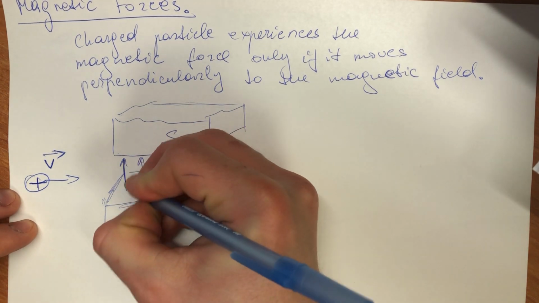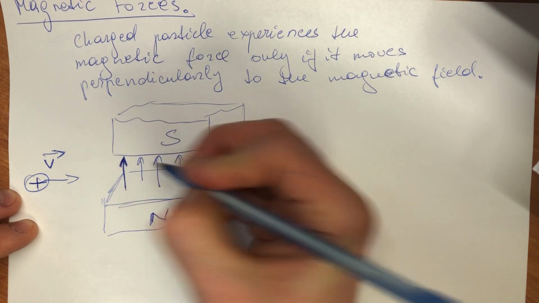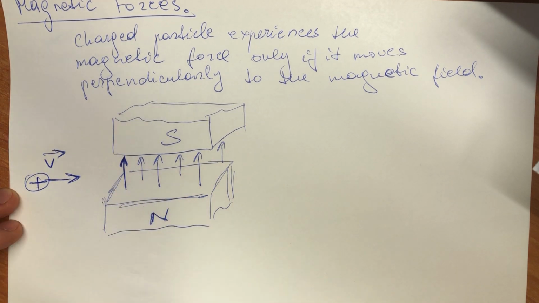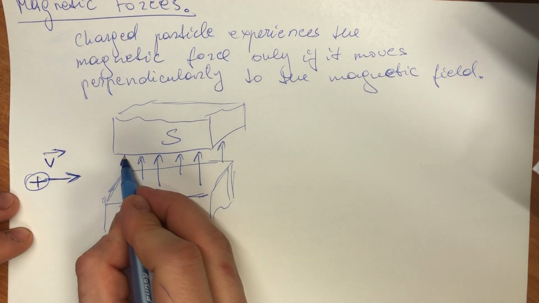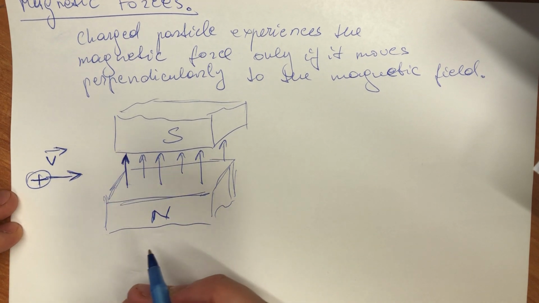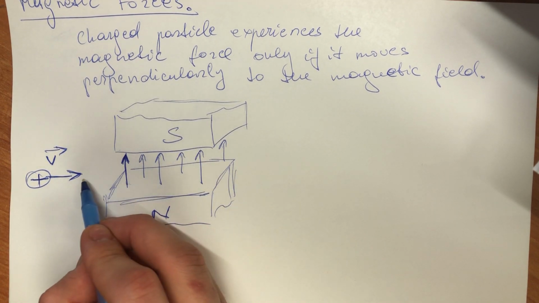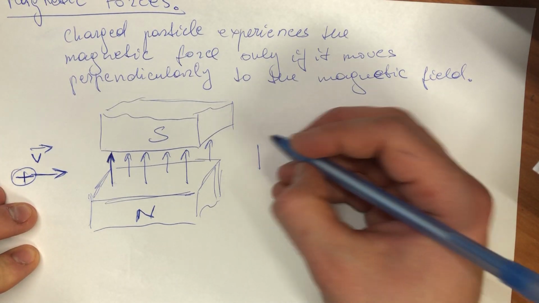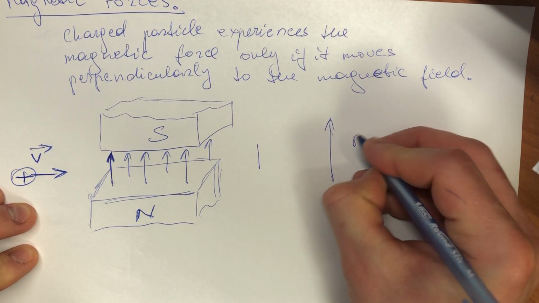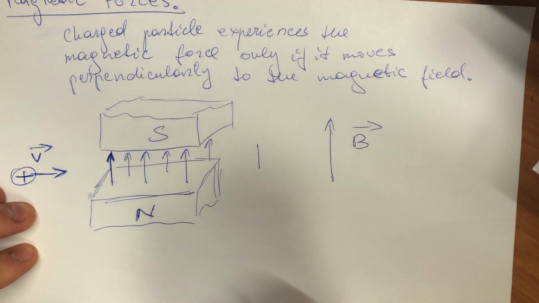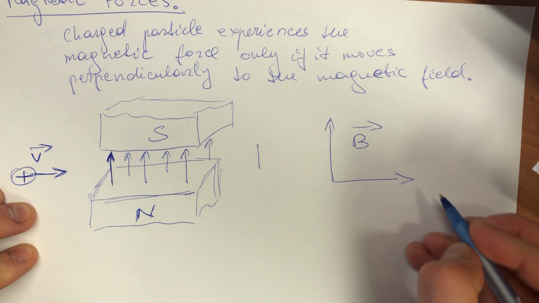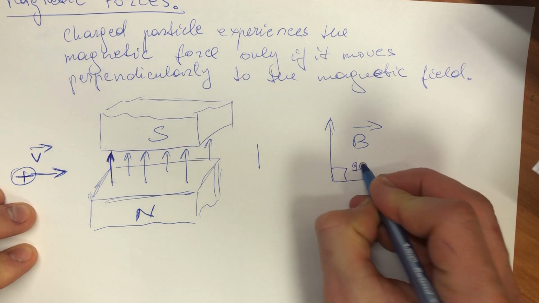So the magnetic field is orientated like this, and it moves like this. So they are orientated perpendicular. You see that this is up, this is down. So there's a 90-degree angle between the external magnetic field and velocity v.